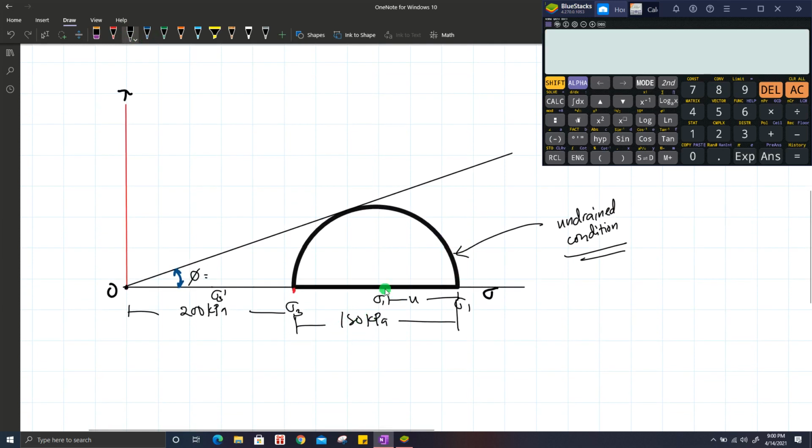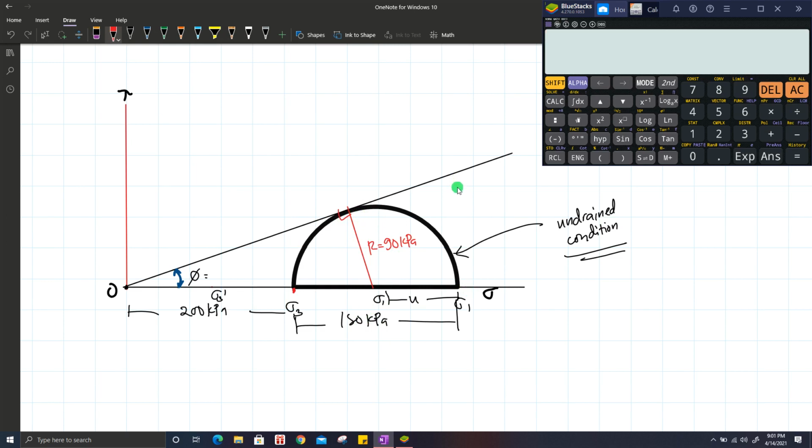So, given na yung deviator stress, makukuha agad natin yung radius nitong ating Mohr circle. So, yung radius natin, ito tangent niya, punta dyan. So, ang radius nito ay kalahati nitong deviator stress na 180 kilopascal. So, the radius is 90 kilopascal. So, 180 divided by 2.